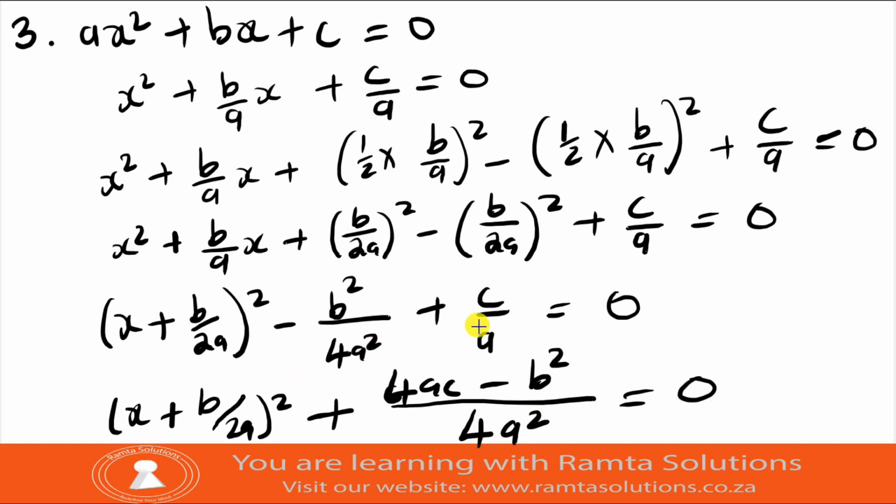Okay, when I simplify this, it'll be 4ac minus b squared over a squared. Okay, now I'm going to the next page.